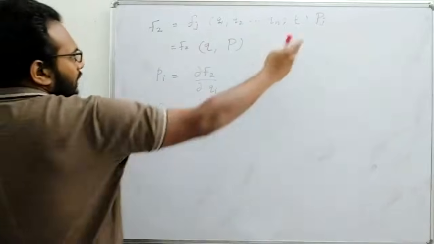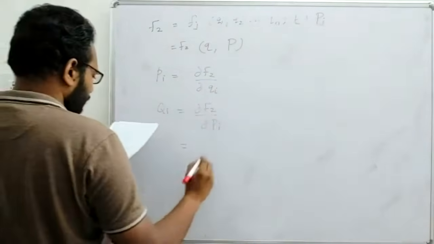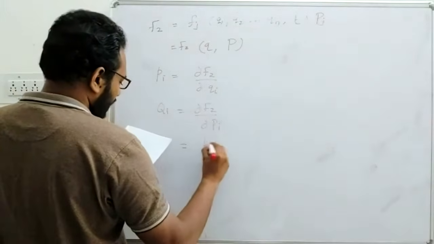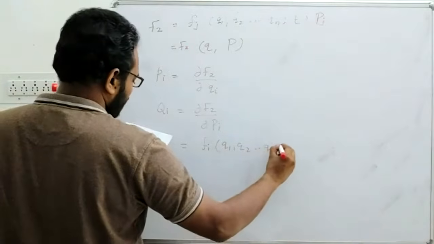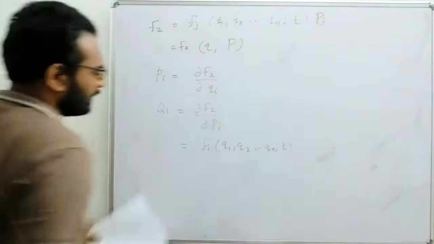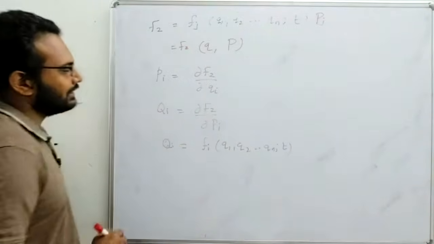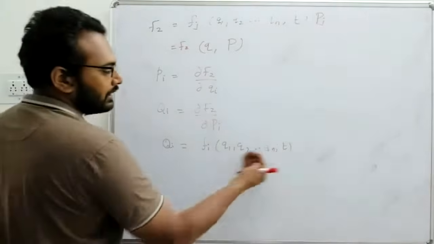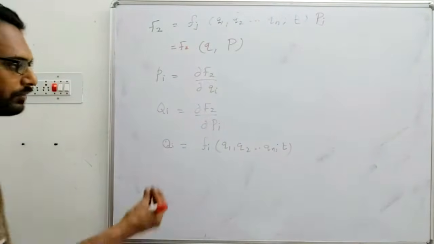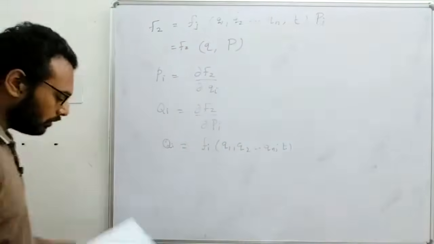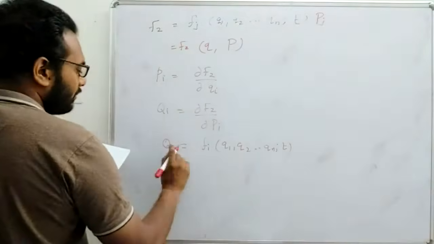If you take that, you'll get a delta ij, and when you sum over, you simply get fi of Q1, Q2 up to Qn and t. So here you see that the new coordinates are purely functions of the old coordinates. The new coordinates are simply a rearrangement or another combination of the old coordinates alone. There are no momenta involved. So there is no momentum dependence here.